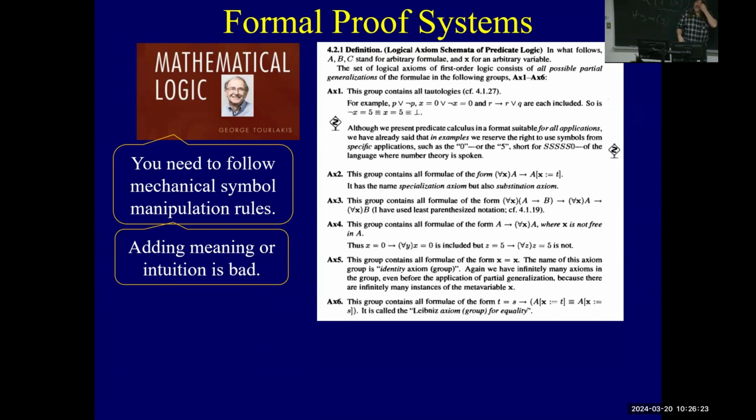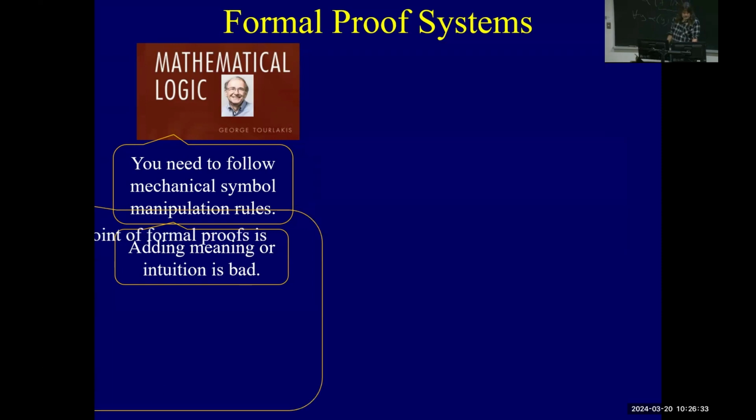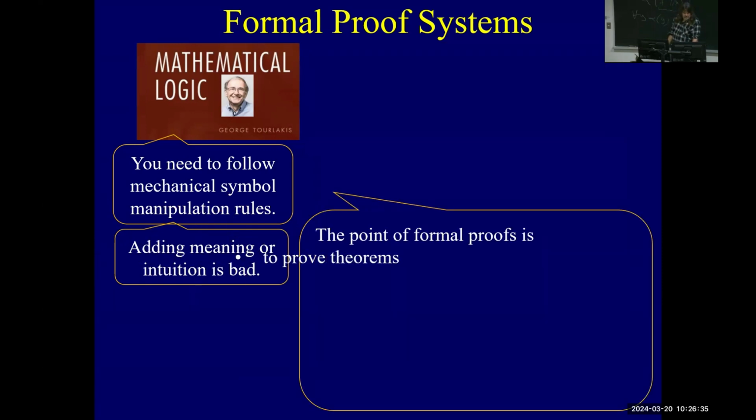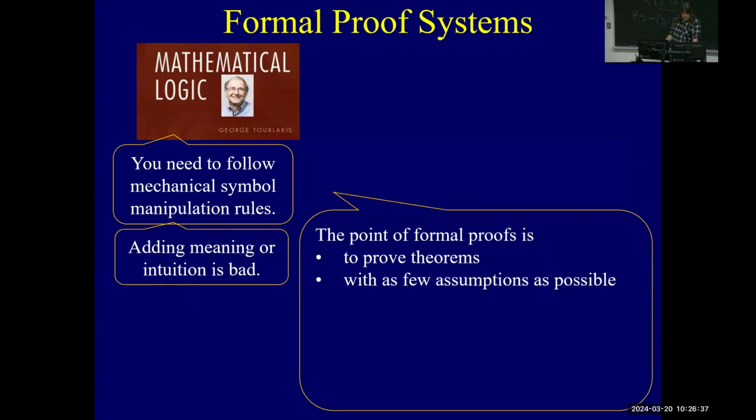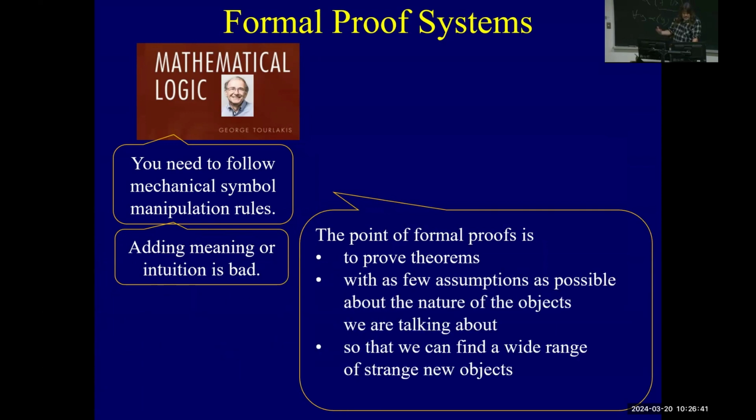He says adding intuition throws you off, and you should be able to just mechanically follow the rules and get a proof, right? So you can prove theorems with as few assumptions as possible. You want to make a few assumptions about the objects so you can cover a wide range.